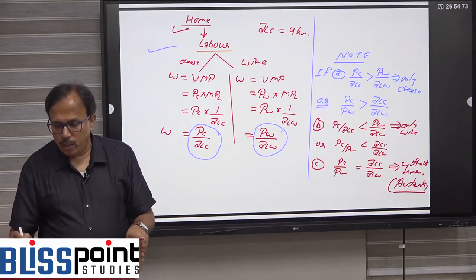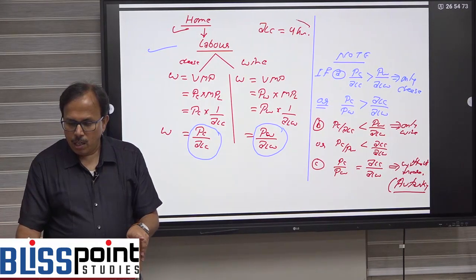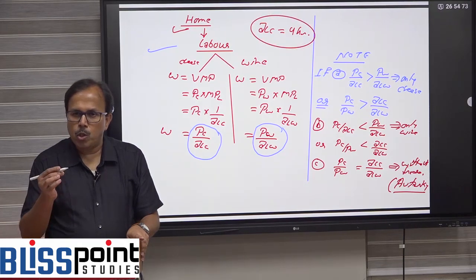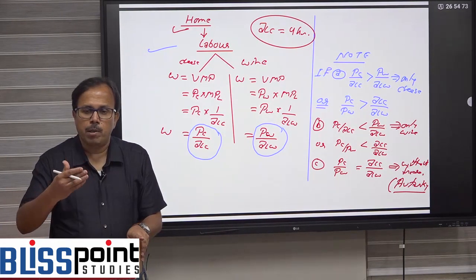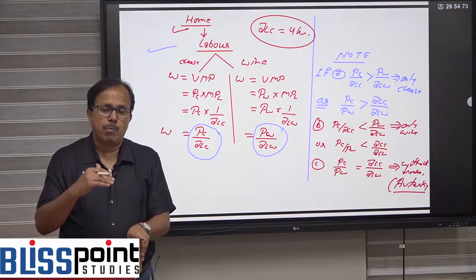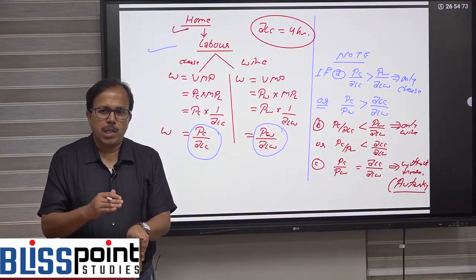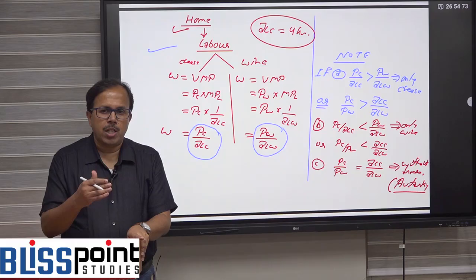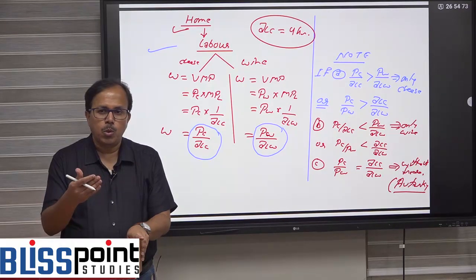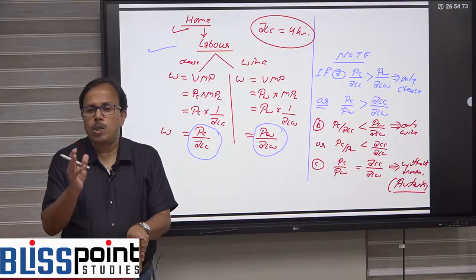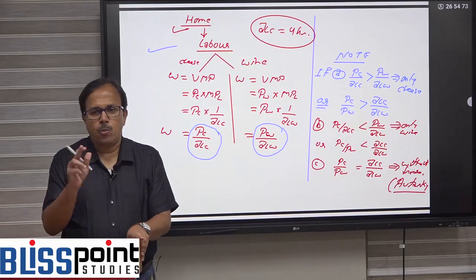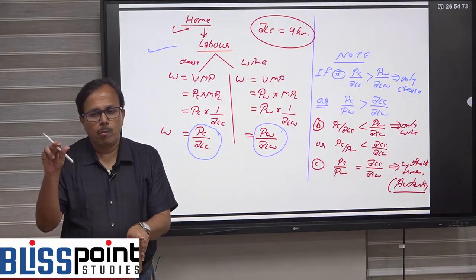Inverse of this. ALC is actually the unit labor requirement. That means to produce 1 unit of output you require how many units of labor. And what is the definition of marginal product of labor? Marginal product means how much is added to the total product due to 1 additional unit of labor. So if it takes 4 hours to produce 1 unit, then in 1 hour I can produce only 1 by 4.